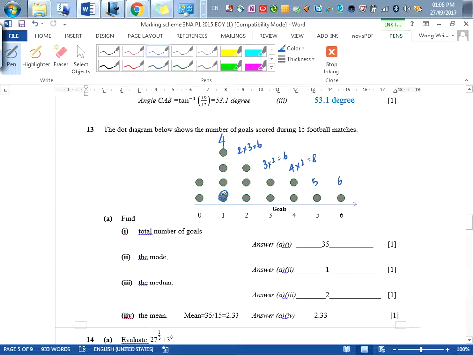How many did they score? 1. Plus this one? So total? Total 4, right? 4 plus 0 is still 4. Then plus 6. Altogether 10. So until here is 10 already. Plus another 6. 16. Plus 8. And so on and so forth. Okay?